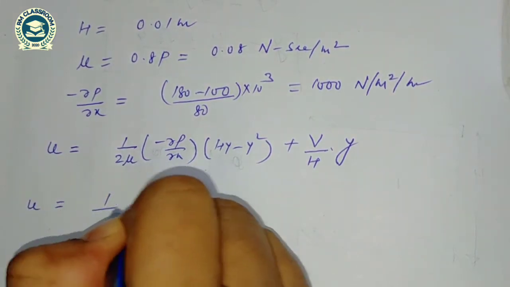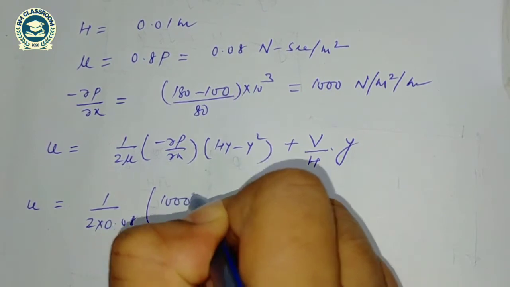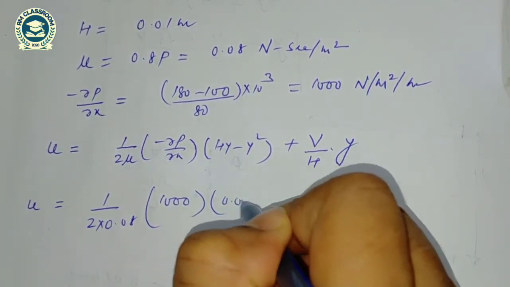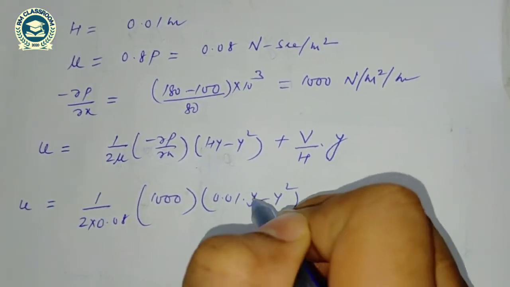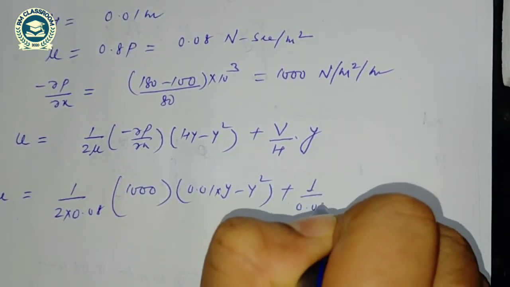So 1 by 2 into 0.08, it is 1000 into h is 0.01 into y minus y square plus 1 divided by 0.01 into y.